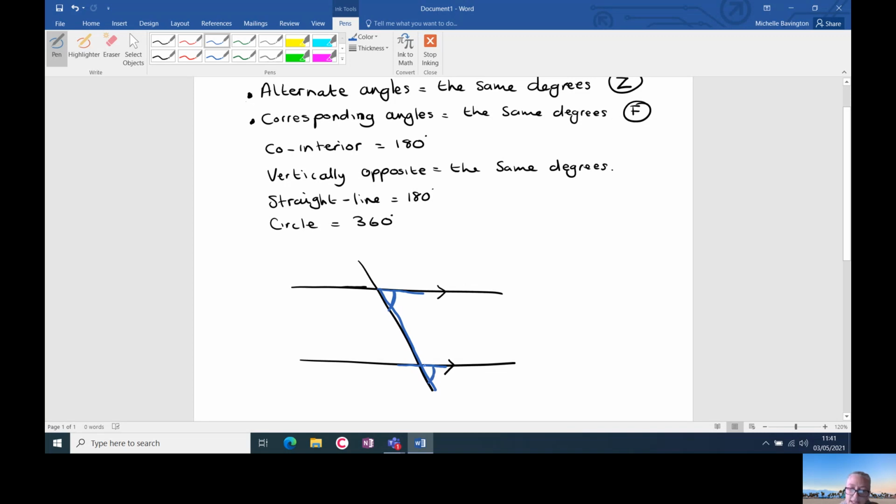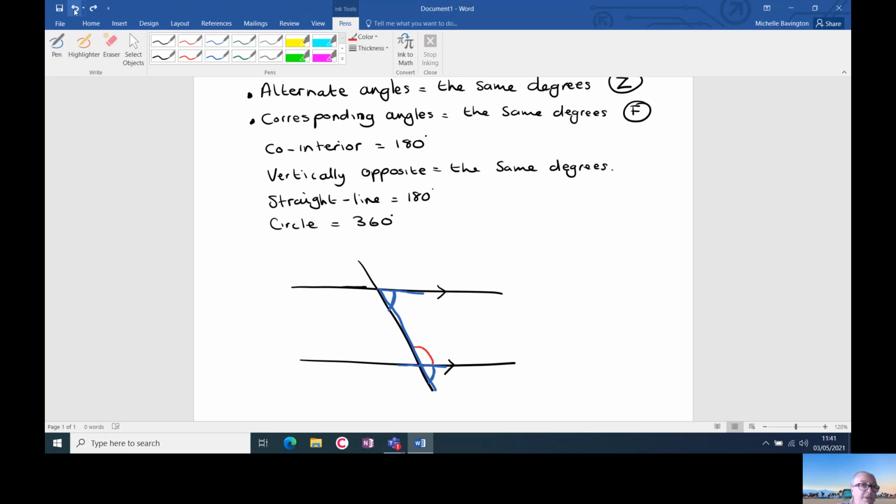It's on the line, and they're corresponding. You can see it can't be this one, because that's an obtuse and that's an acute. They're not the same. So corresponding is along the line, in the same place.